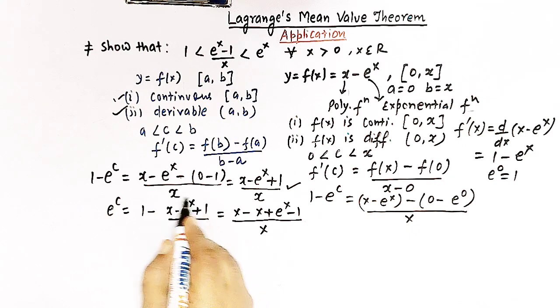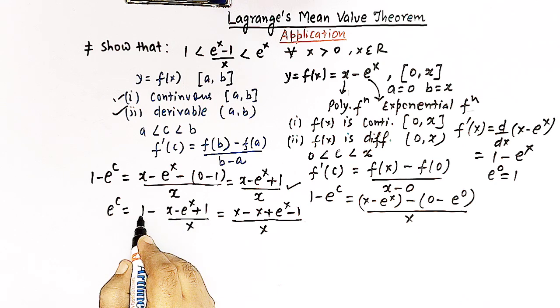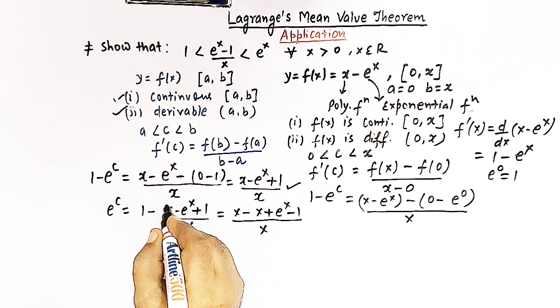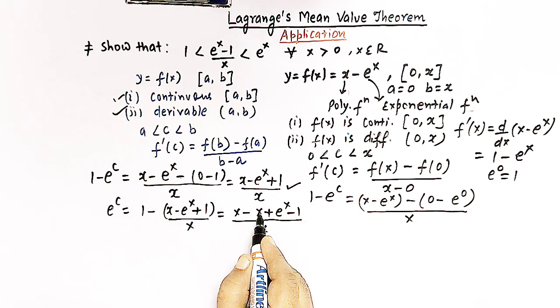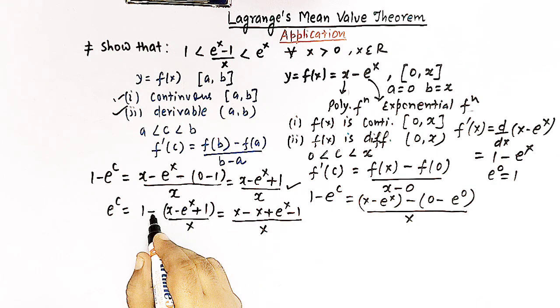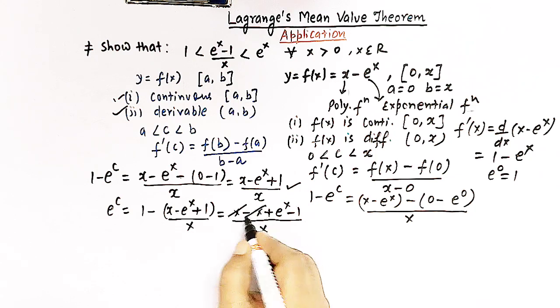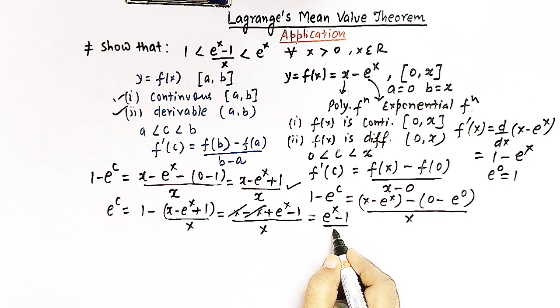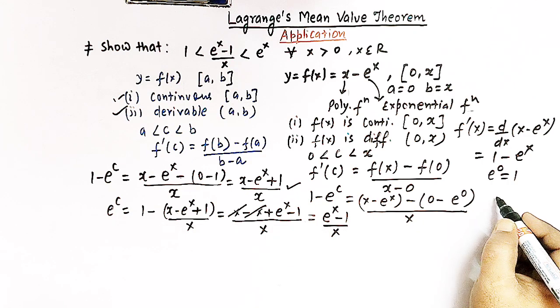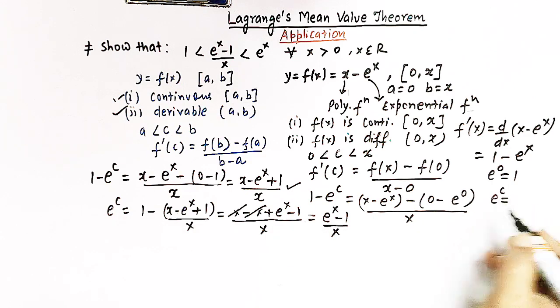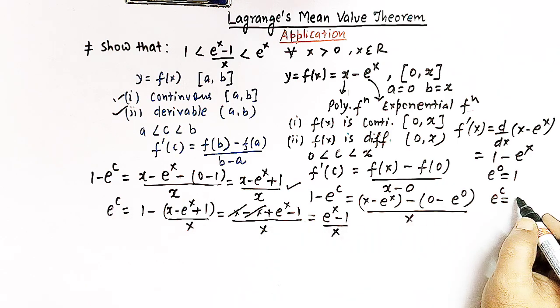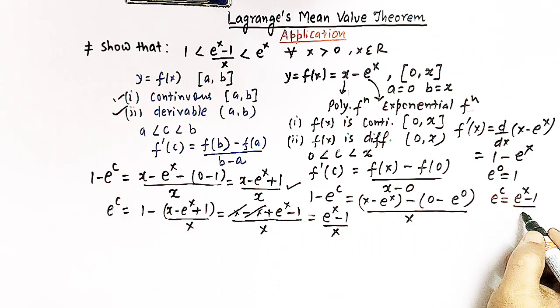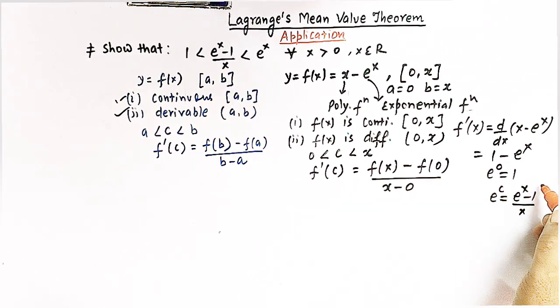So simplifying this expression by multiplying this 1 by x, and here we have minus x, then plus e raised to x and minus 1. So this x and this x get cancelled, and we are left with e raised to x minus 1 over x. So now we have this equation, that is e raised to c is equal to e raised to x minus 1 over x. So now we have this expression, right?